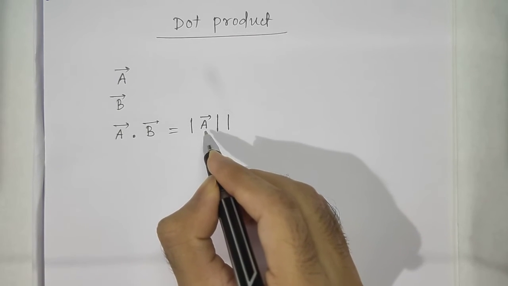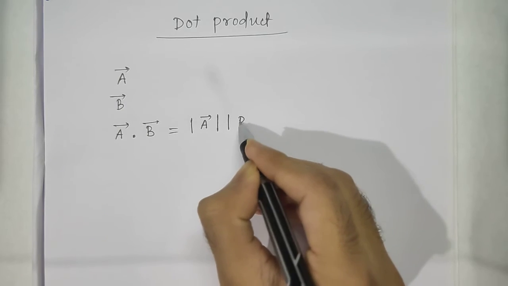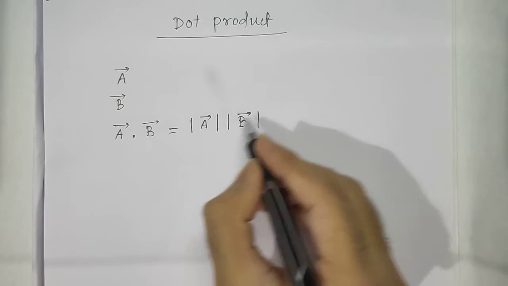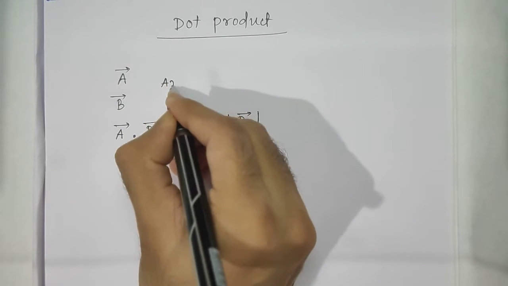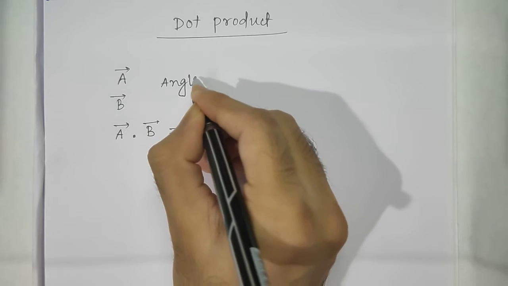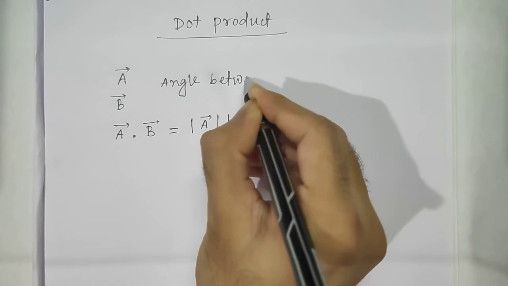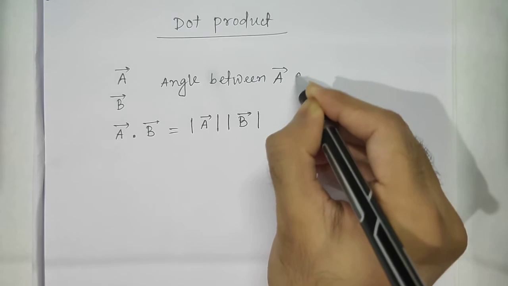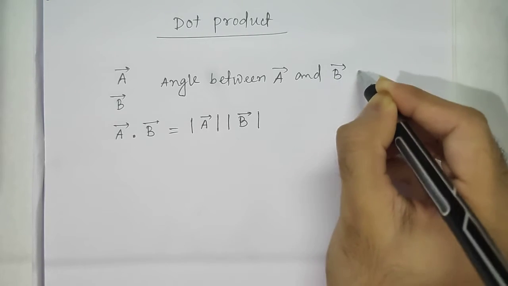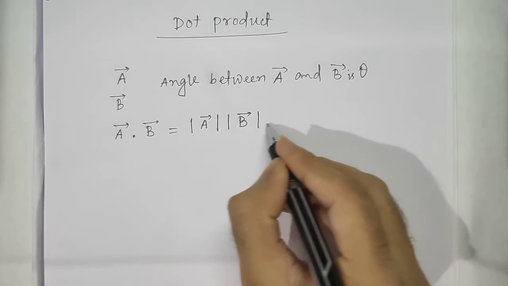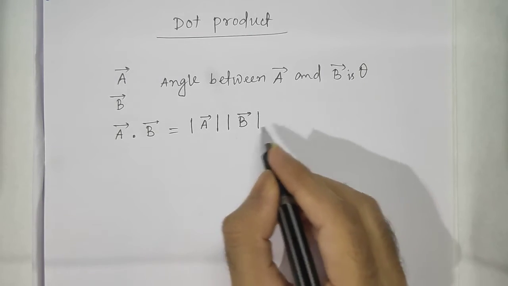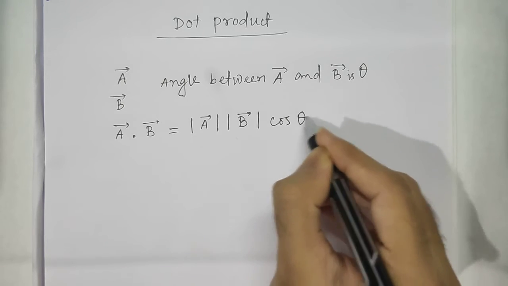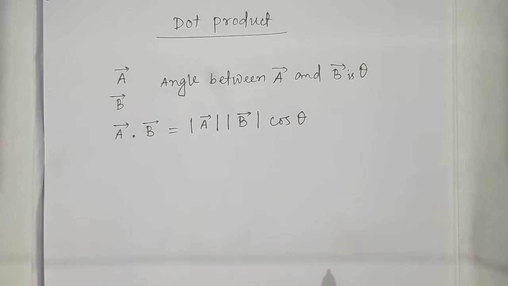If the angle between A vector and B vector is theta, then it will be modulus of A into modulus of B into cos theta, where theta is the angle between the vectors A and B.